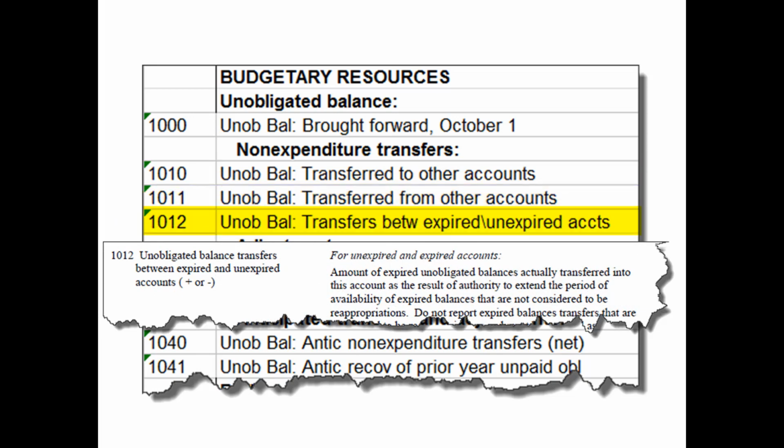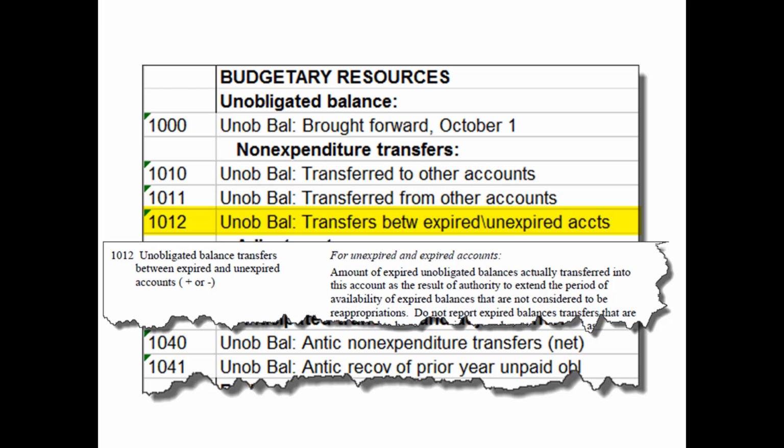Line 1012. Unobligated balance transfers between expired and unexpired accounts. It's defined as the amount of expired unobligated balances actually transferred into this account as the result of authority to extend the period of availability of expired balances.